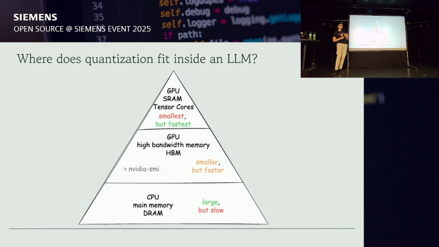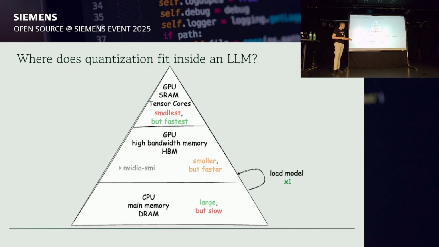When we want to do an inference pass, we take our model, deploy it on a server, and try to run one forward pass to generate one token. What's happening is that we first load the model from the CPU memory onto the GPU memory, and this happens only once. This is a reasonable cost that we pay only once when we start our deployment.